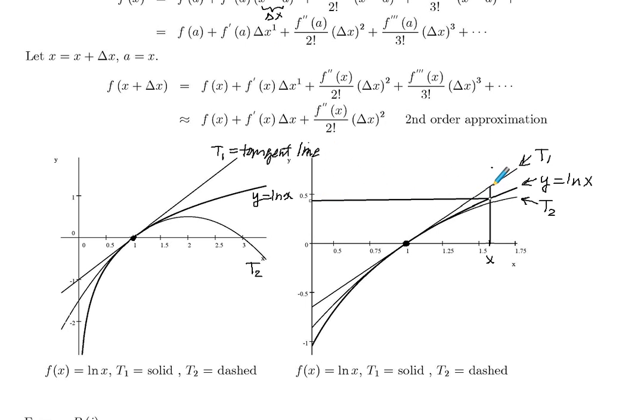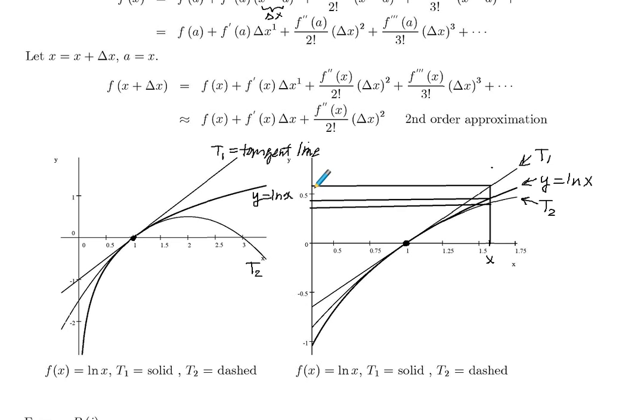We could either approximate that with a tangent line, which is right here, or we could approximate with the second order approximation, the quadratic approximation here. And notice that the function value that we get from T2 is closer to the actual function value than it is if we use the tangent line.